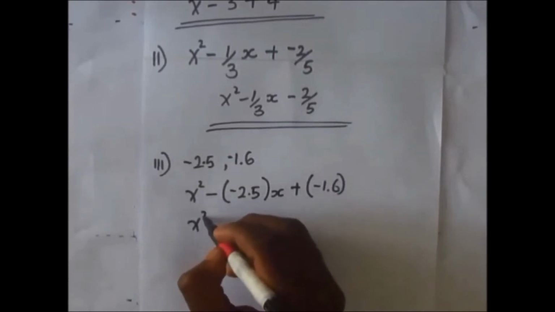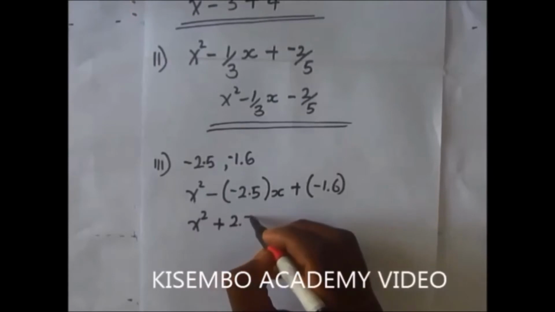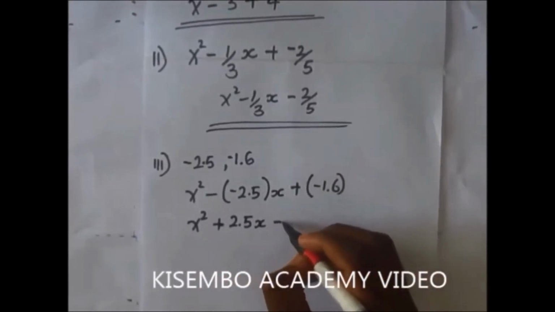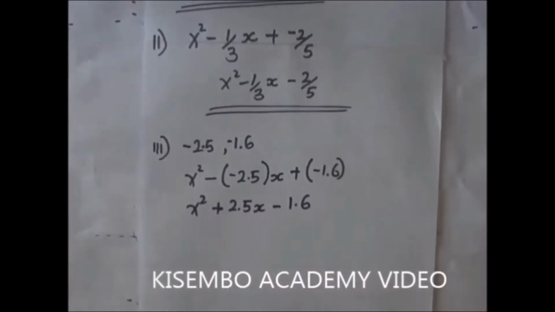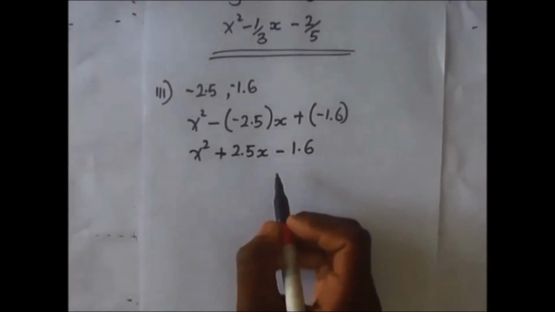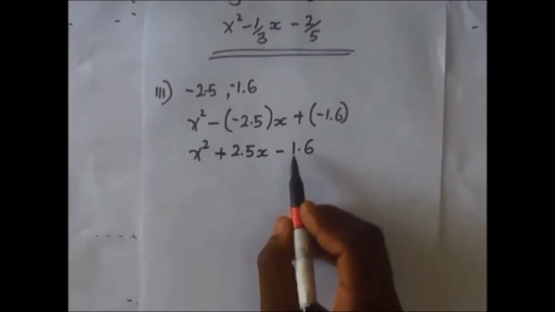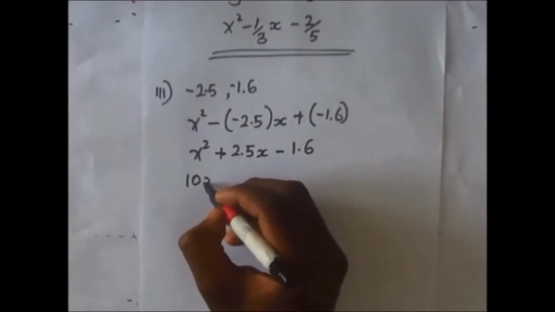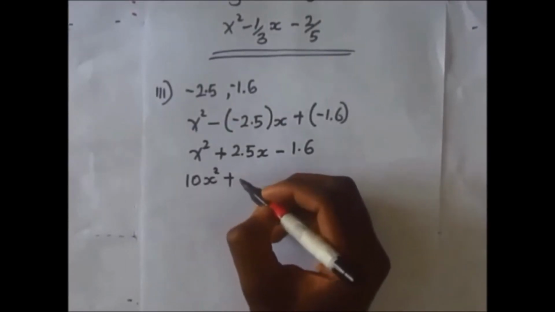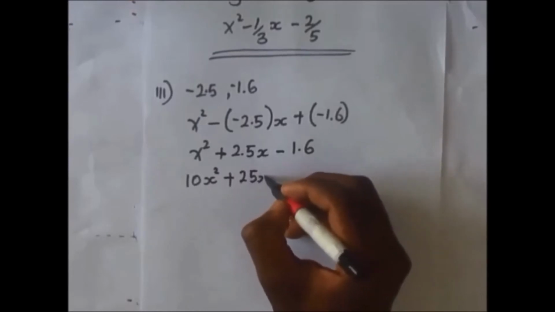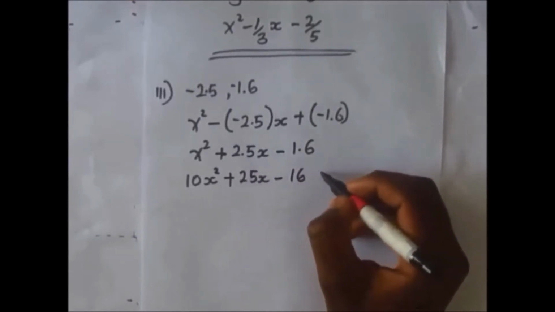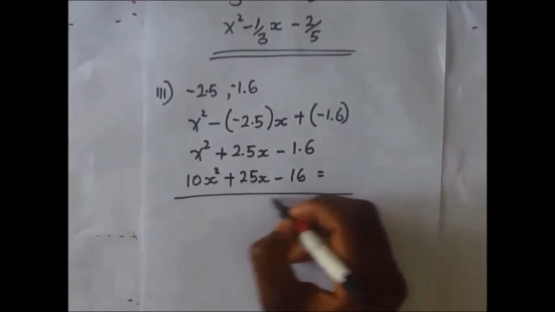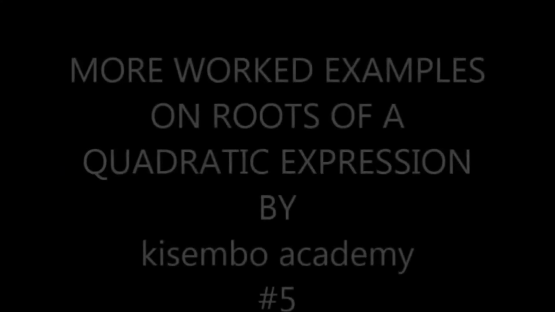So it's simply going to become x squared plus 2.5x minus 1.6. And what's our answer there? Of course, that's the quadratic equation, but just remove that decimal point. We'll multiply through by 10. The equation becomes 10x squared plus 25x minus 16. That's the quadratic equation.